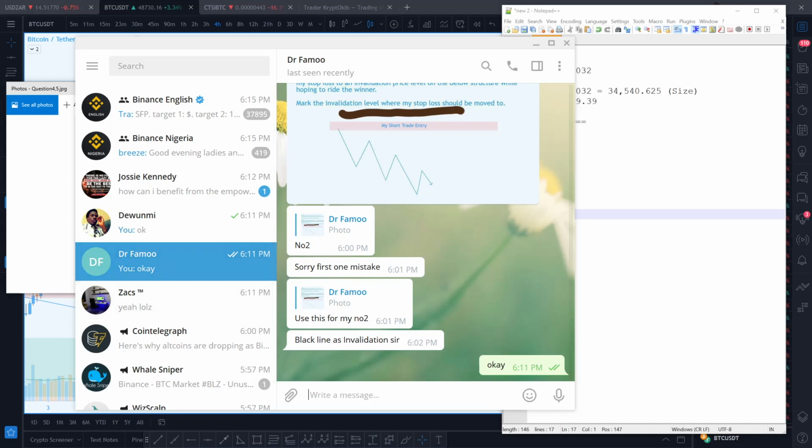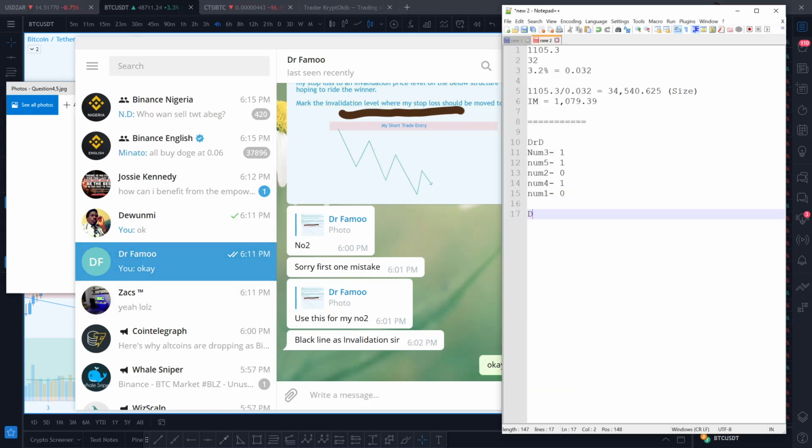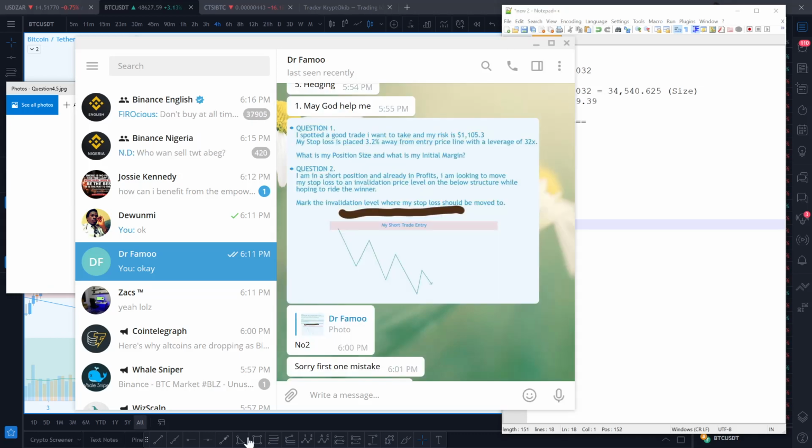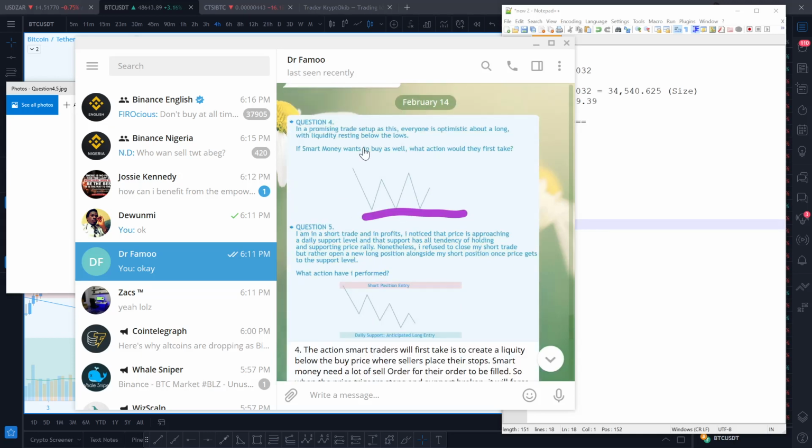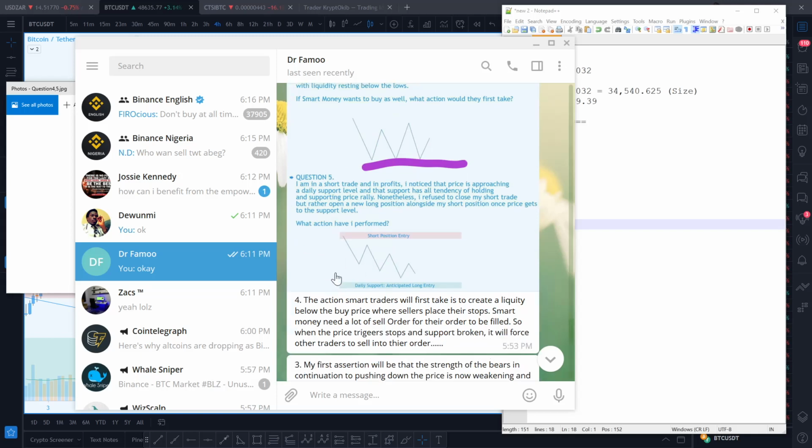We have Dr. Famo. Okay. So it's question 4. The action of smart traders we first take is to create liquidity below the buy price where sellers place their stops.